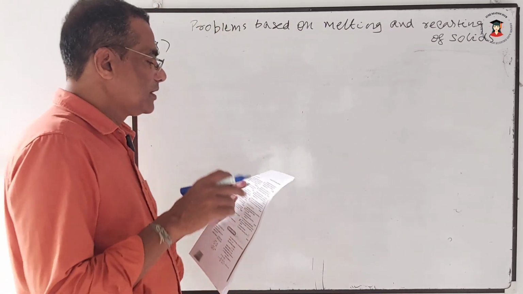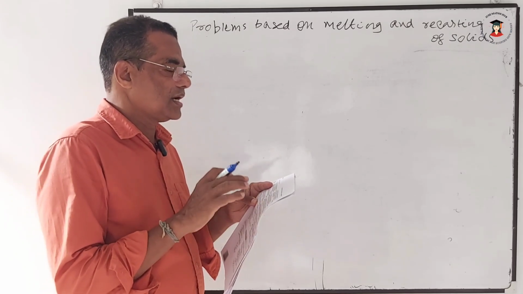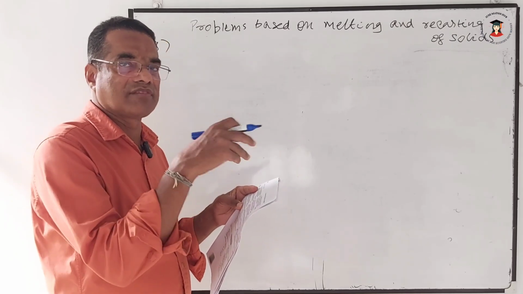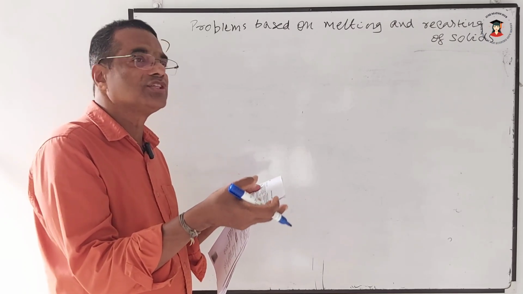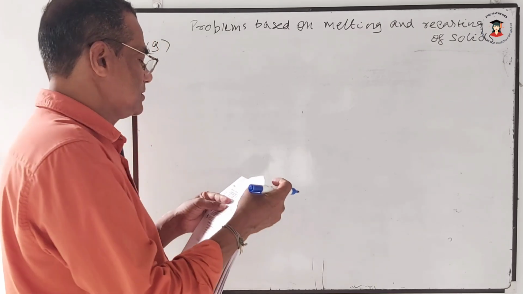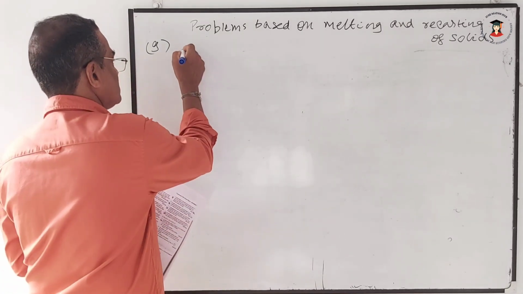So here a cone and sphere are melted and the final product after melting is recasted into a cylinder. So let us consider each solid one by one.